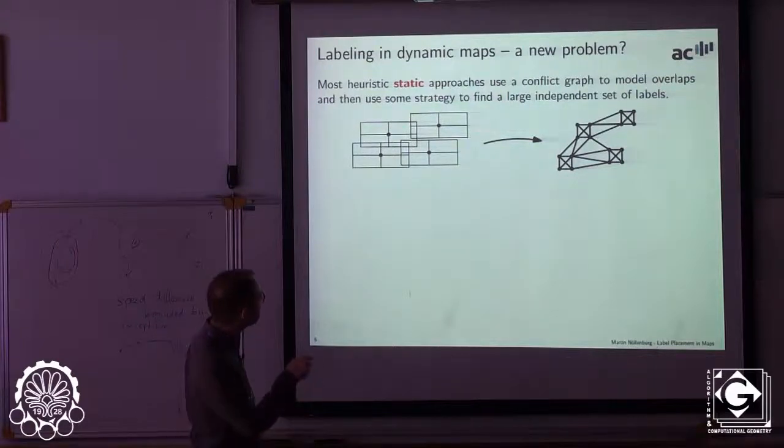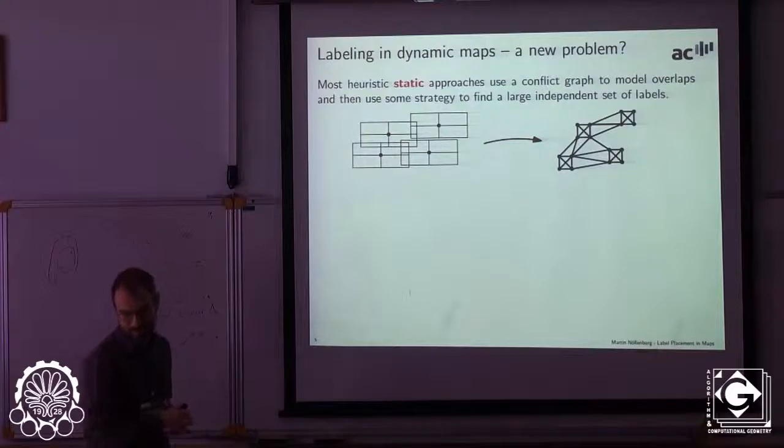And then we have edges if 2 rectangles intersect. So for example, this top rectangle here of the lower left point intersects 2 candidates here, and 2 candidates here, and this has 4 conflict edges. Okay, that's how you go from the rectangles to the graph.